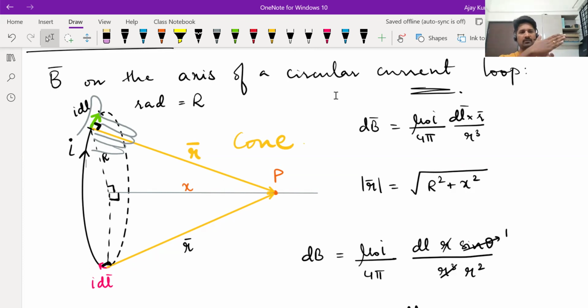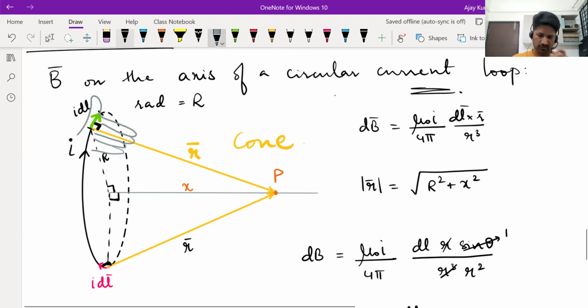So incline your thumb a little bit and point your right hand fingers this way towards the point P. So thumb is along the element, fingers are along the vector r. Then the cross product will be this way, in a direction perpendicular to your palm. So in this diagram, the magnetic field would be somewhat in this direction.